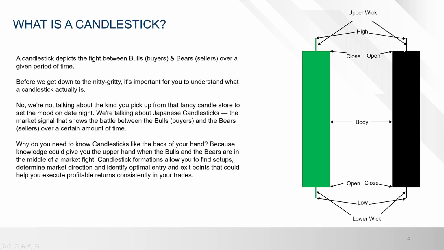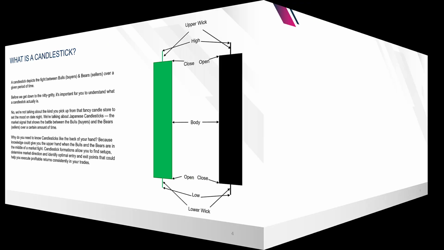It opens with a higher price and closes with a lower price. You also need to take note of the low. Both candlesticks have a low and a high, and in most cases an upper wick and a lower wick. These are the structures of the candlestick that you need to be well aware of.